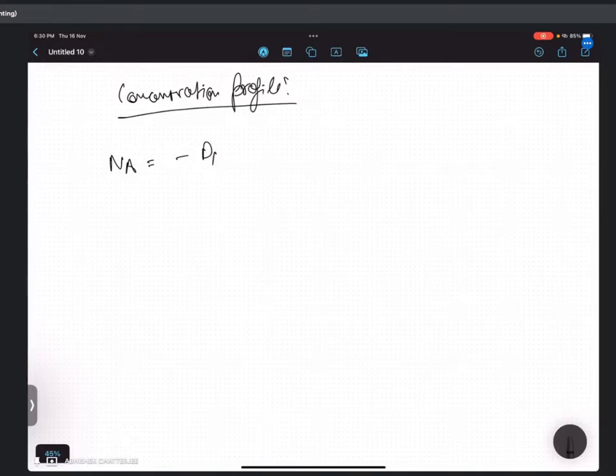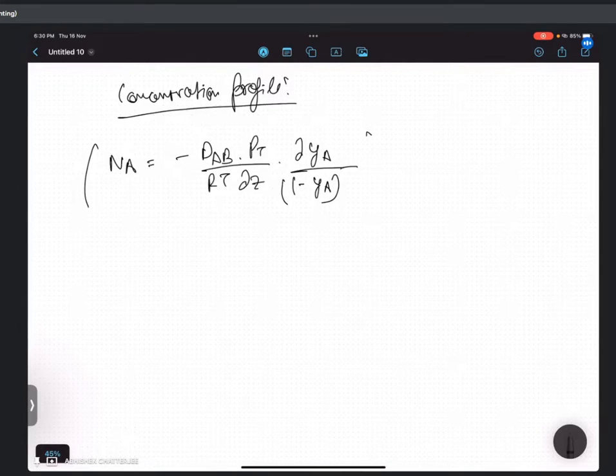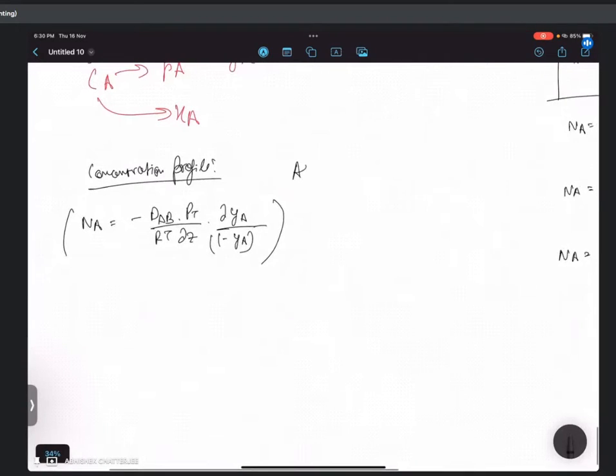It was NA equals minus DAB into PT by RT into dYA divided by 1 minus YA, and also dZ was there.